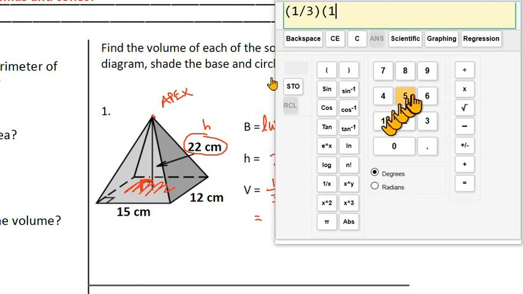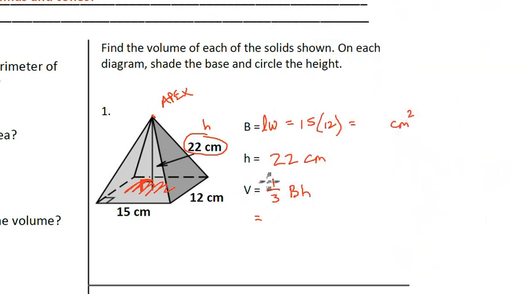I'm not telling you it's 15, let's just suppose it's 15, and then let's say your height was 6. So there's 1/3 times the base area times the height, and you press equal, you will get the volume. So always put this in parentheses. In fact, if you just want to do this for yourself, to remind yourself, always in parentheses, so it treats that 1/3 as a separate term.